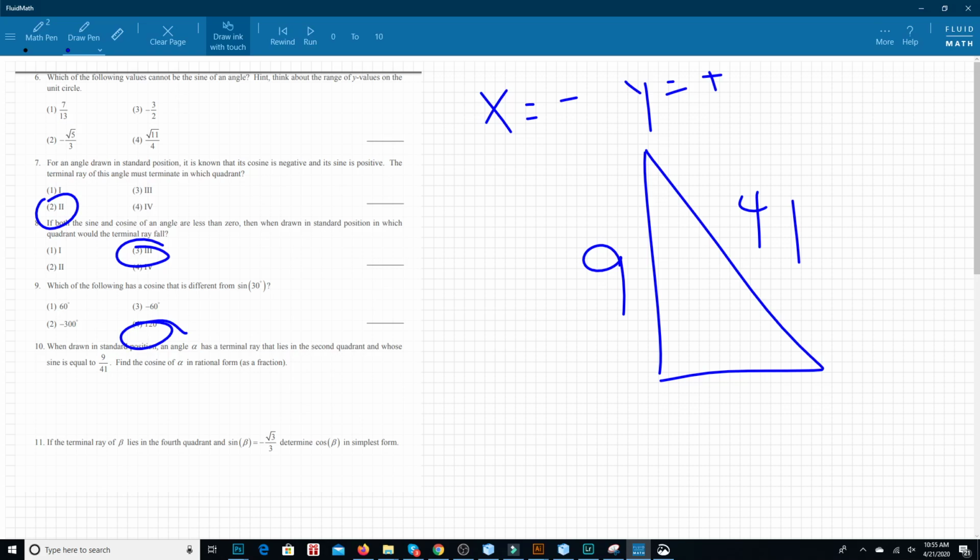This is probably the last problem I'm doing, and I'll leave number 11 for you guys to do. We need to know what this is right here. If we want to find a cosine, it's going to be something over 41. We don't know what this part is.